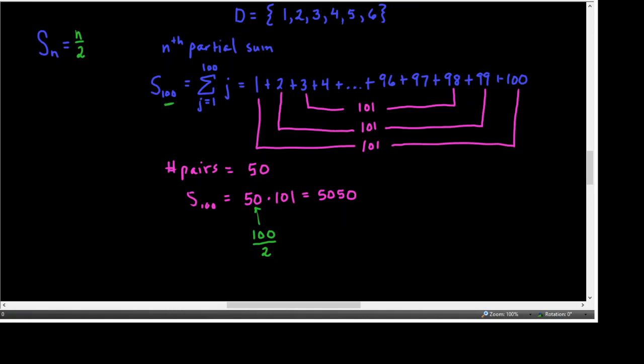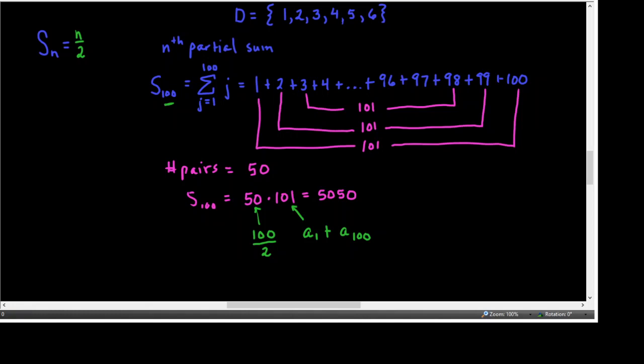Now, the 101, where did that come from? Well, as I said earlier, there are several pairs we could choose, but the easiest one is going to be the first one, which would be a sub 1, and the last one, which, if we're doing the sum of the first 100, is the 100th term, a sub 100.